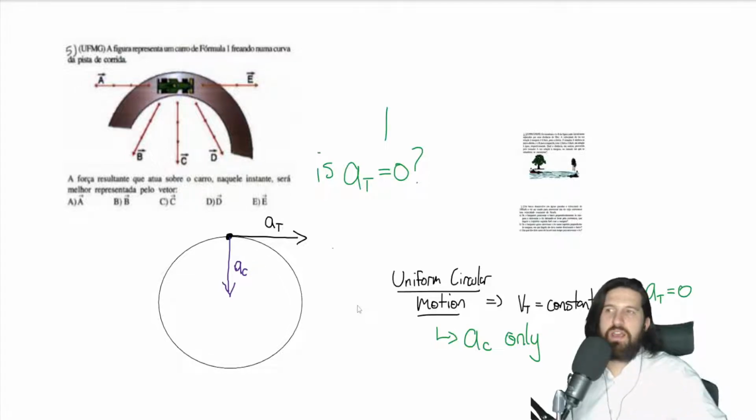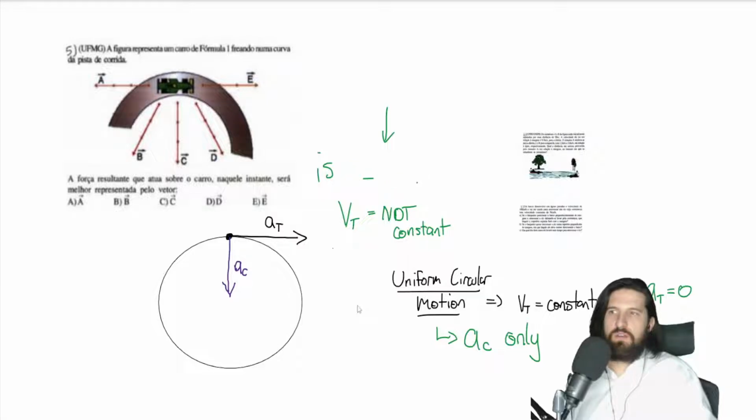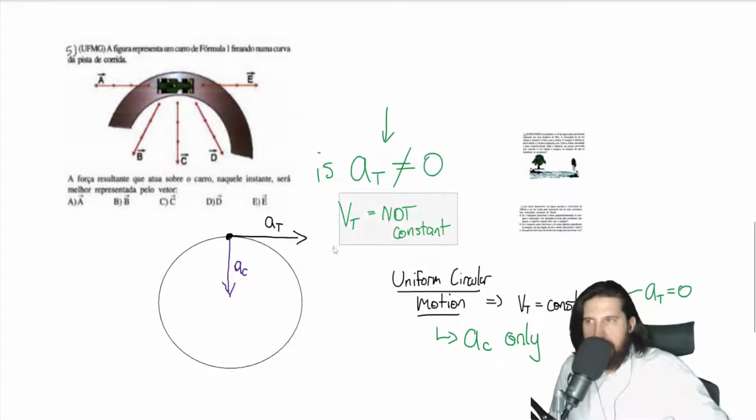So what does that say about AT? If the VT is not constant, then this cannot be 0. Okay? So it cannot be the case. So AT is not equal to 0. Okay? And that means that it's not constant. Okay?